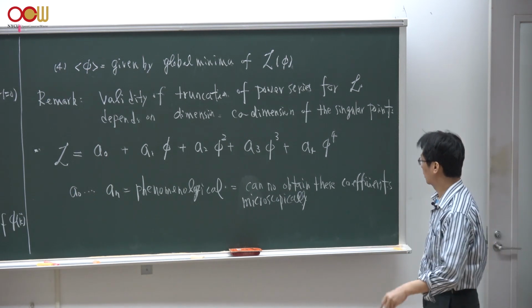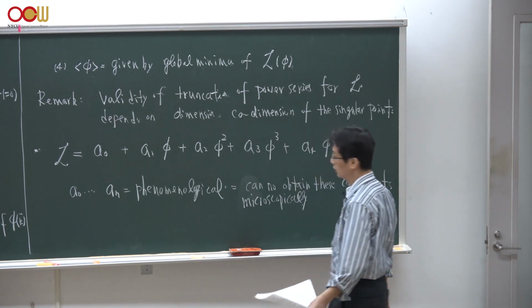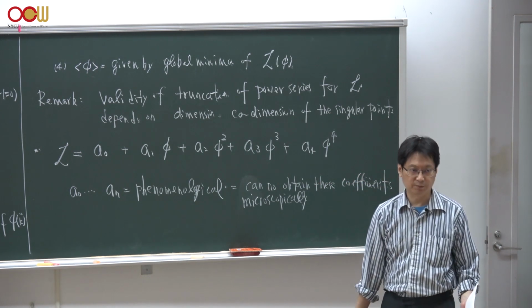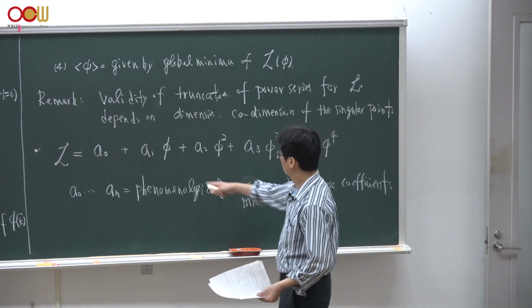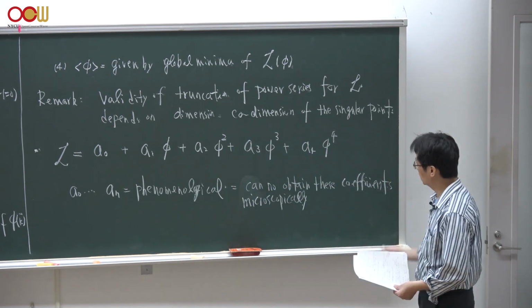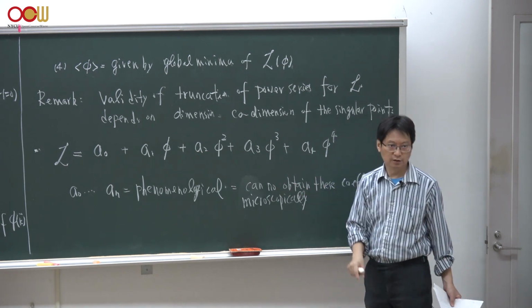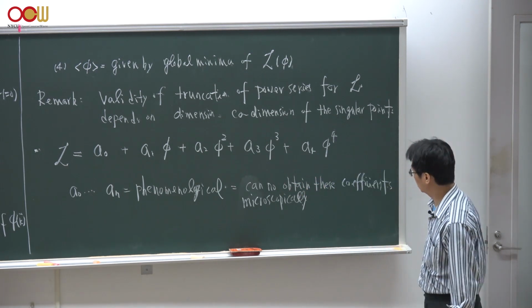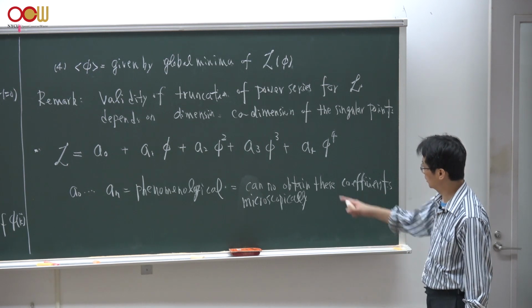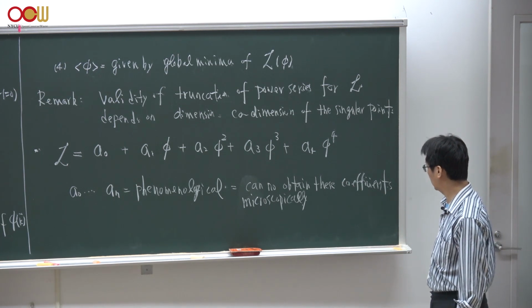We assume that those coefficients A0, A1 up to AN are real numbers, and this phi is the order parameter, which can be a scalar or a vector. In the simplest example of the Ising model, this phi is just a scalar, which is an unknown variable to be determined by minimizing the Landau's free energy density with respect to phi.